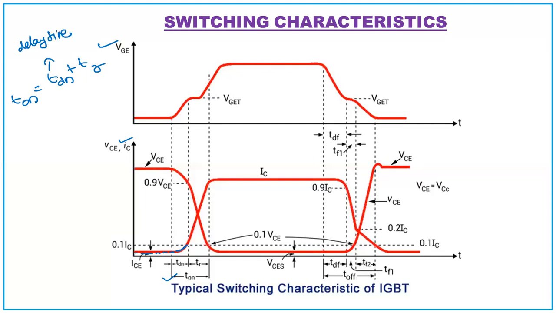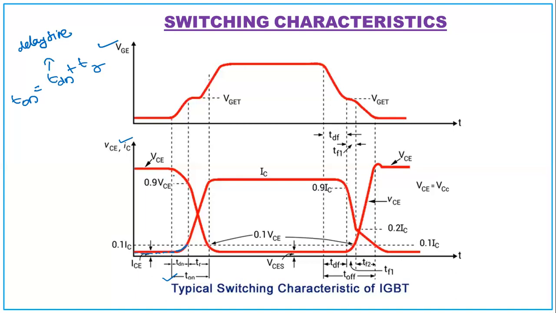And the rise time, of course, is 0.1 to 0.9, in which the collector current rises from 0.1 of the collector current to almost IC, and the collector emitter voltage falls from 0.9 VCE to 0.1 VCE.